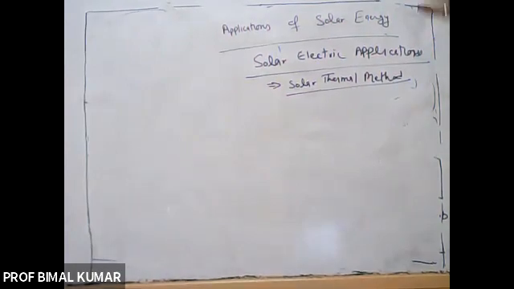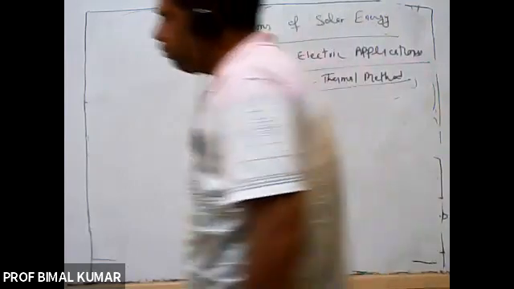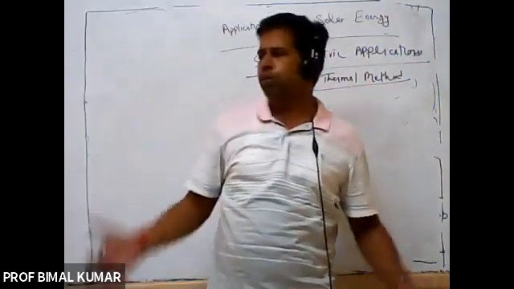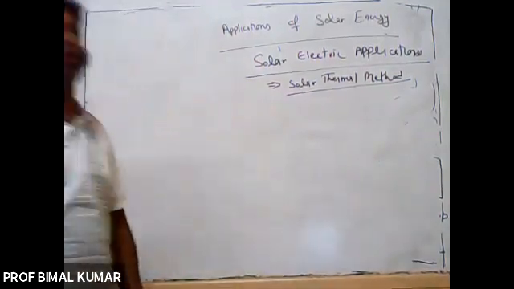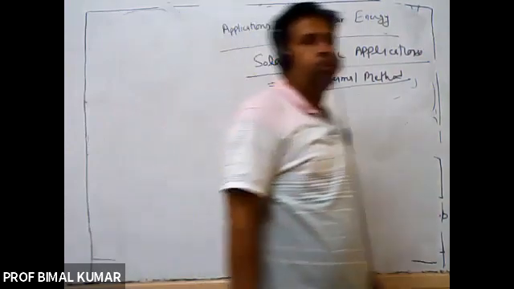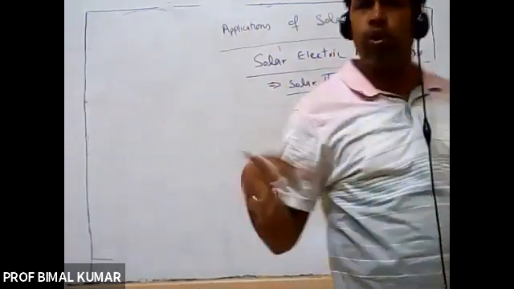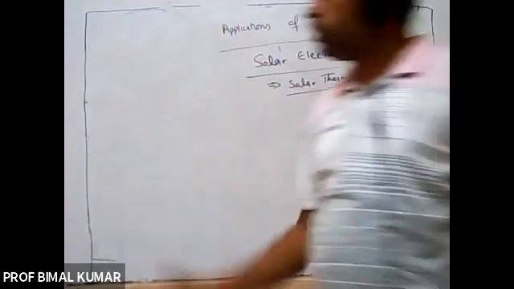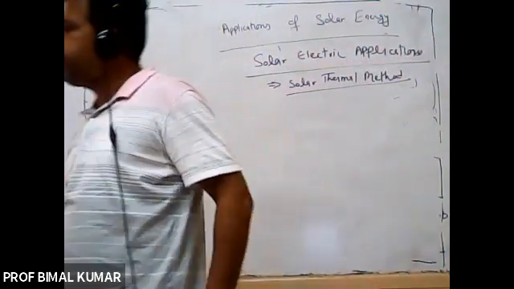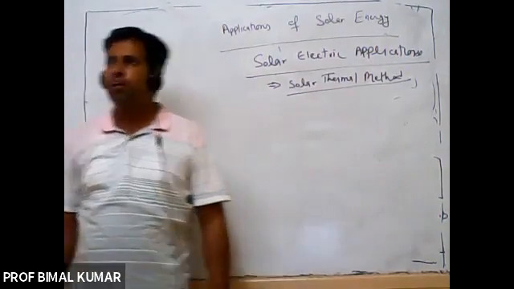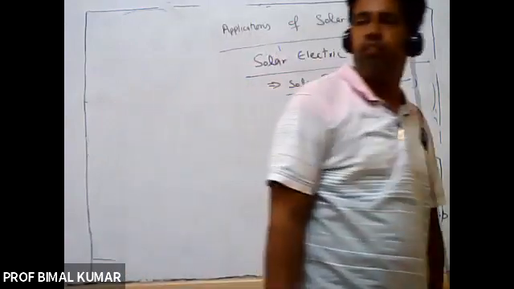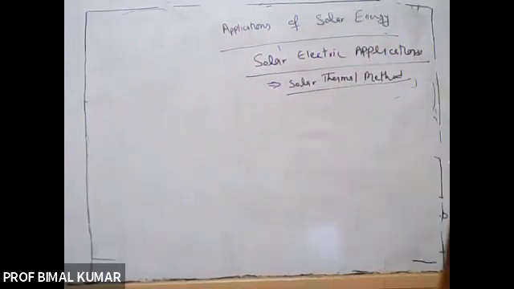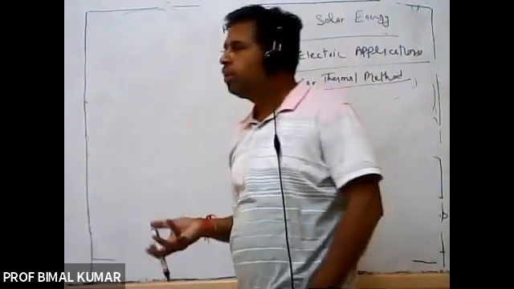So let us suppose we are putting some radiation on a boiler, with the help of which we increase the temperature of water or some fluid to such a high temperature that the energy produced is used for rotation of the turbine.